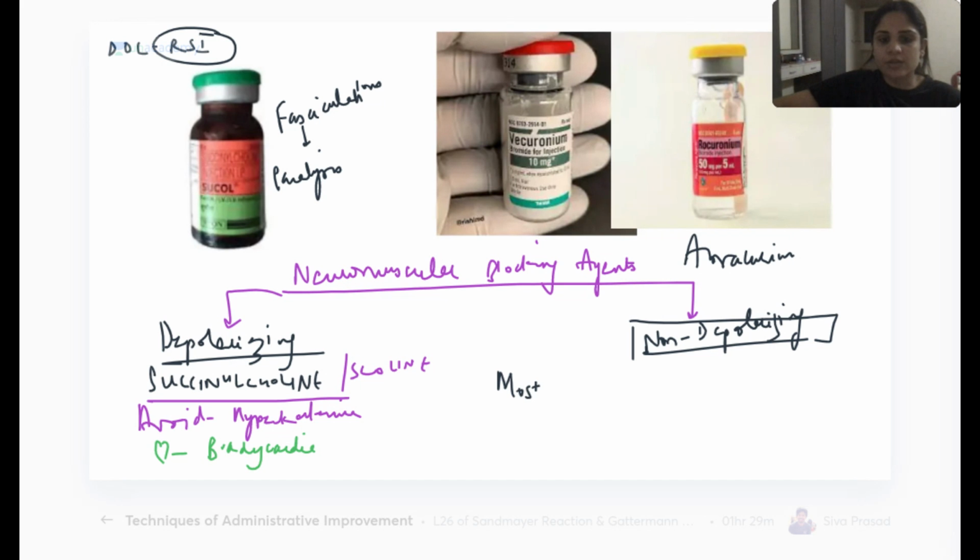Most cardiostable muscle relaxant. What is the most cardiostable muscle relaxant out of all these non-depolarizing agents? What is the most rapidly acting non-depolarizing agent? What is the shortest acting non-depolarizing agent?